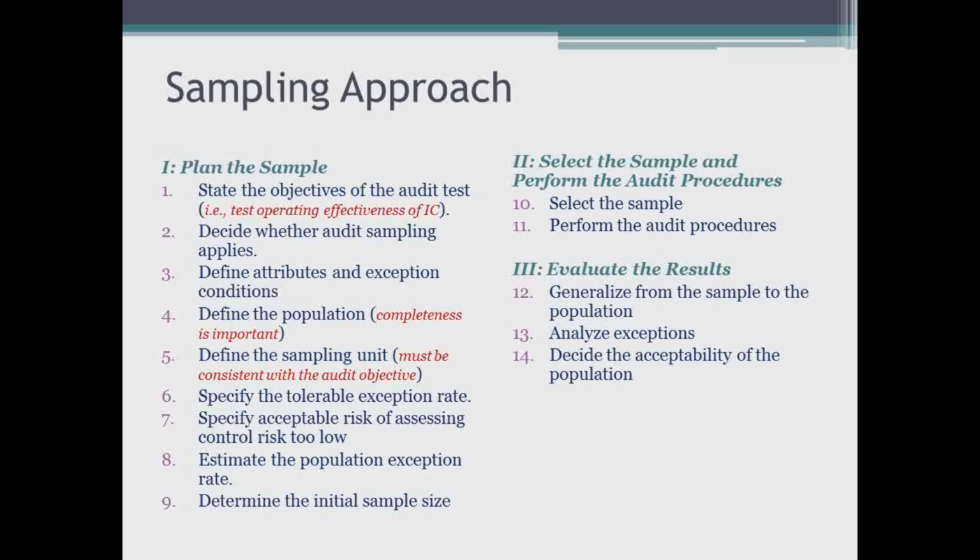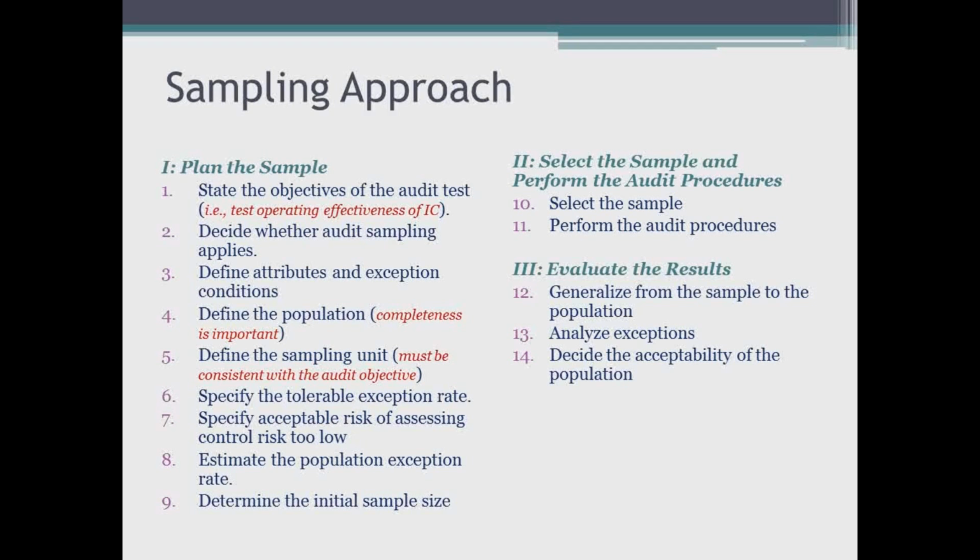Right. So you can select a sample of invoices. You can select a sample of shipping documents. So you can use sampling, right? You have an entire population of shipping documents. So for occurrence, right? Occurrence says that for every item that's recorded in our sales journal, there was a valid shipment. So the test that we're going to perform is to select a sample of shipping documents, right?